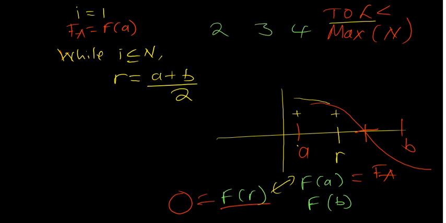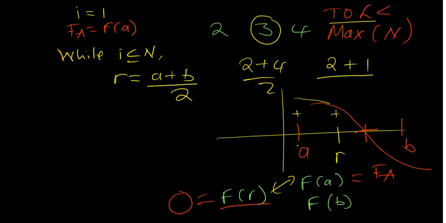So 3 is the number that lies between 2 and 4. You don't want to say 2 plus 4 over 2. You'd want to put it in a way where you can say my midpoint is 2 plus 1. That's what we want.